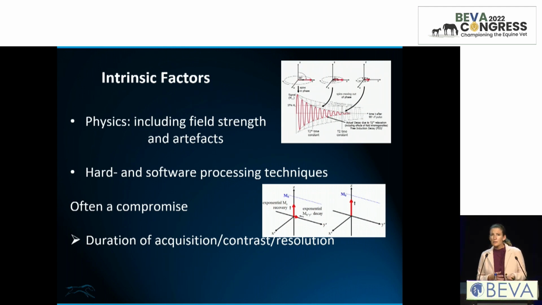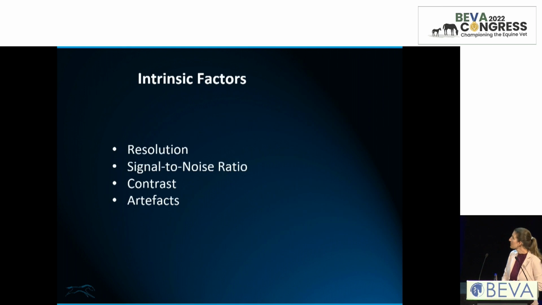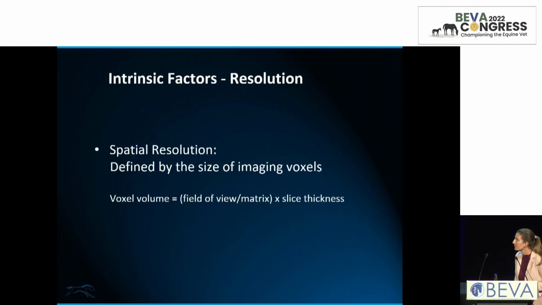We unfortunately can't get around briefly talking about physics, about hardware and software processing techniques, and we have to understand that most often it's a big compromise of the duration of acquisition versus the resolution and the contrast. So the points I would like to talk to you about are the resolution and signal-to-noise ratio. I might touch on contrast briefly, and some artifacts regarding the intrinsic factors.